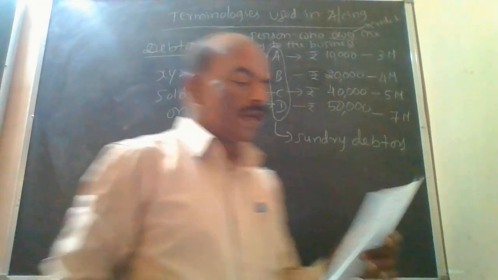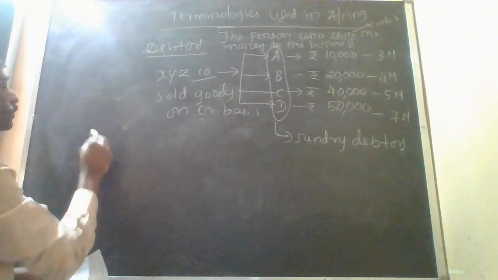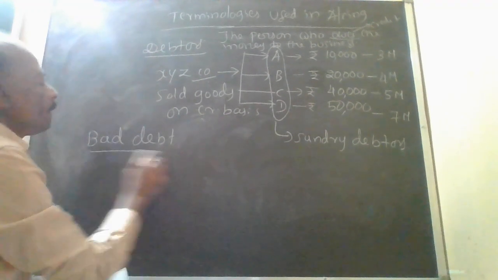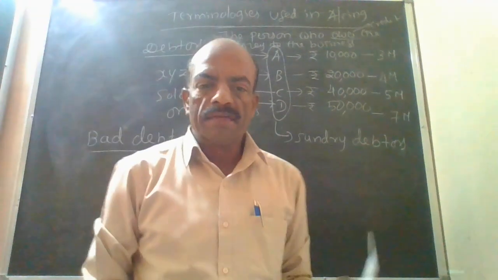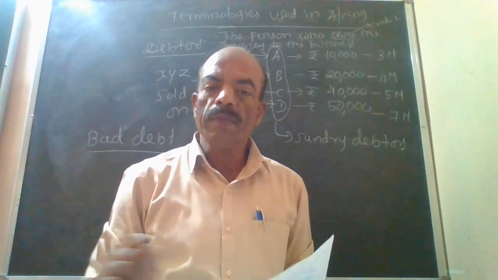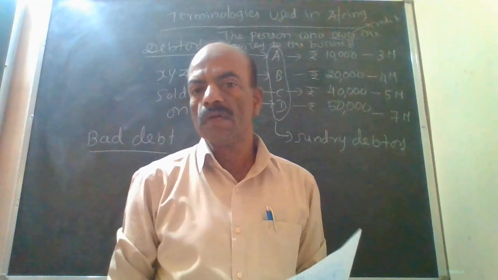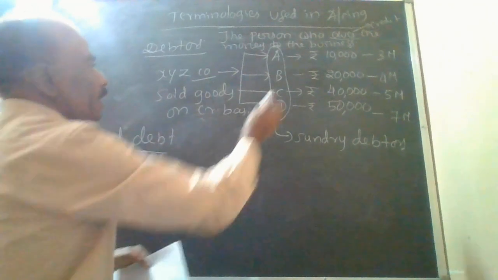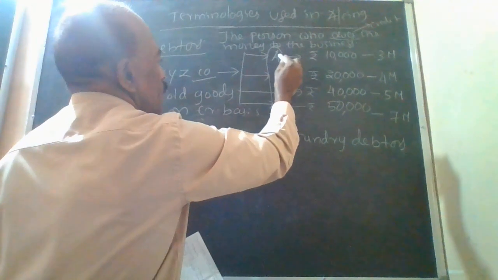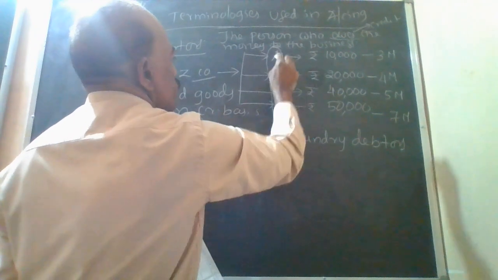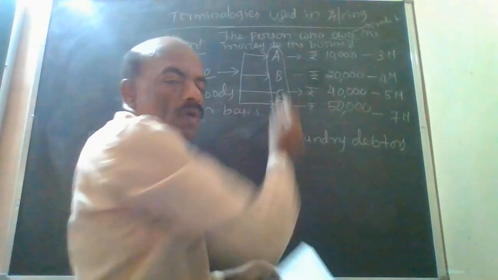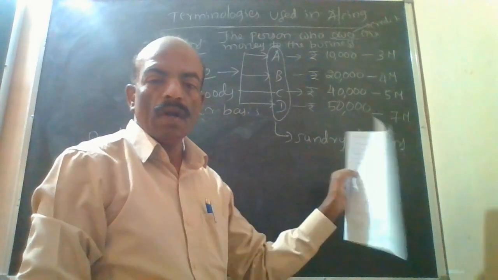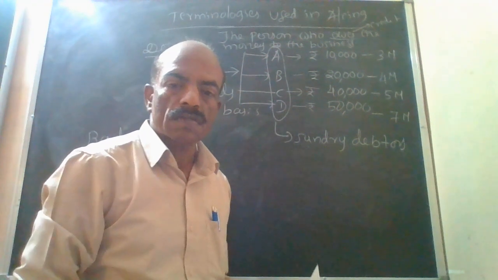Next is the bad debt. Bad debt is a debt which cannot be recovered, which is not possible to recover. For example, ours is an XYZ company. We sold goods worth rupees 10,000 to Mr. A. He told us he would make the payment after 3 months.